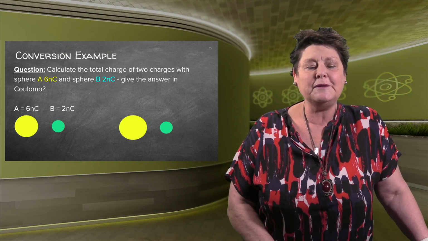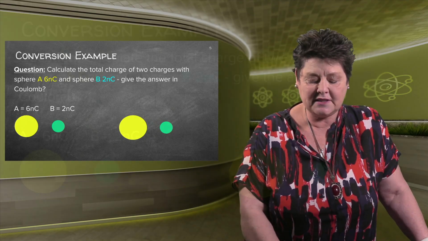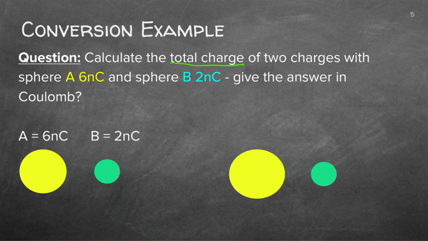So they asked me to calculate the total charge of 2 charges. So they've got sphere A and it's 6 nC. And can you remember what that n is? Think a little bit. We did it in the previous lesson. That n will mean nano, so 6 nanocoulomb.